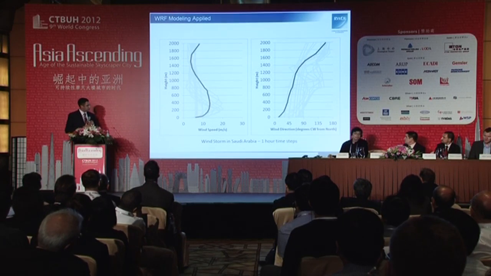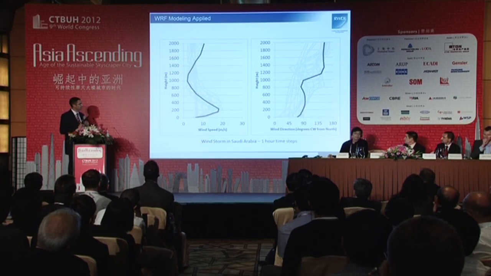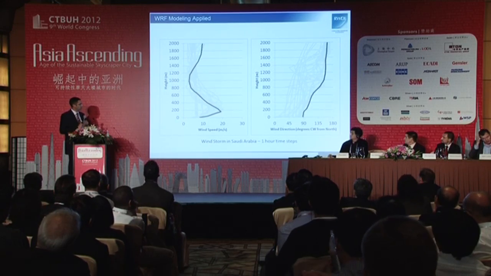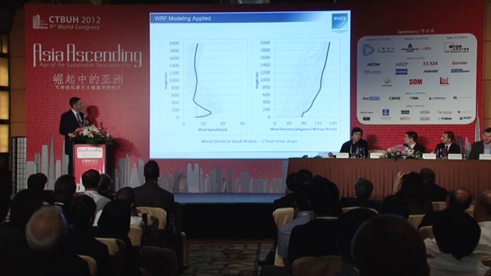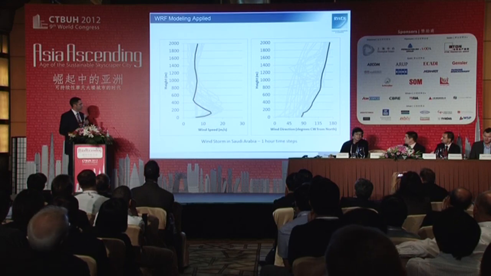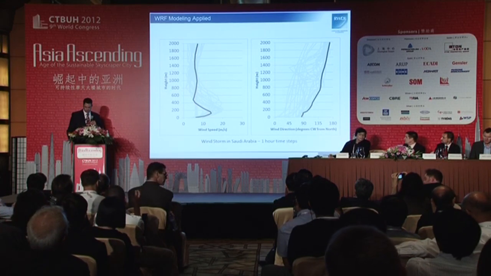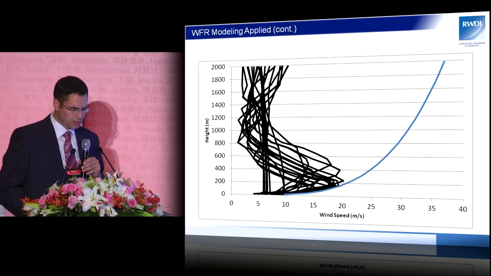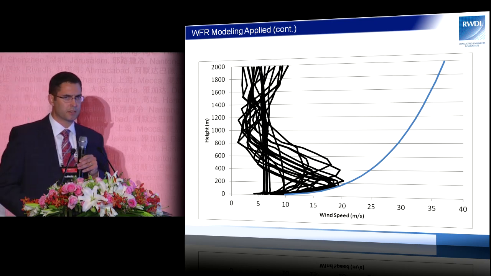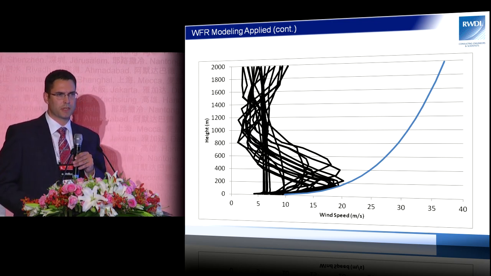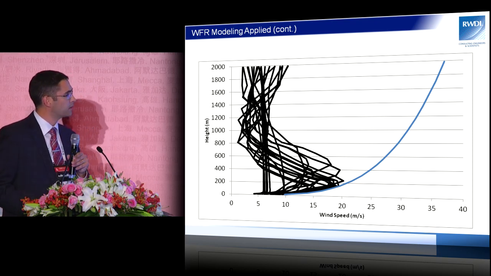And so again, this is the maximum wind speed measured at 10 meters in a particular year. And if we look at the evolution of that storm over a day, then we see that we get quite a significant variation from the standard assumptions that we use in the wind tunnel. And in fact, if we were to plot or extrapolate up from 10 meters with our standard assumption, you can see that we get quite a significant increase in the wind speed at height than what the WRF model predicted.